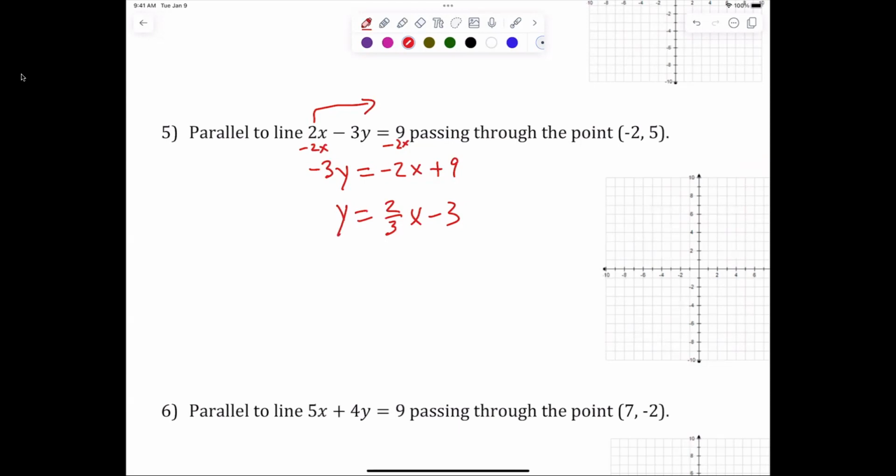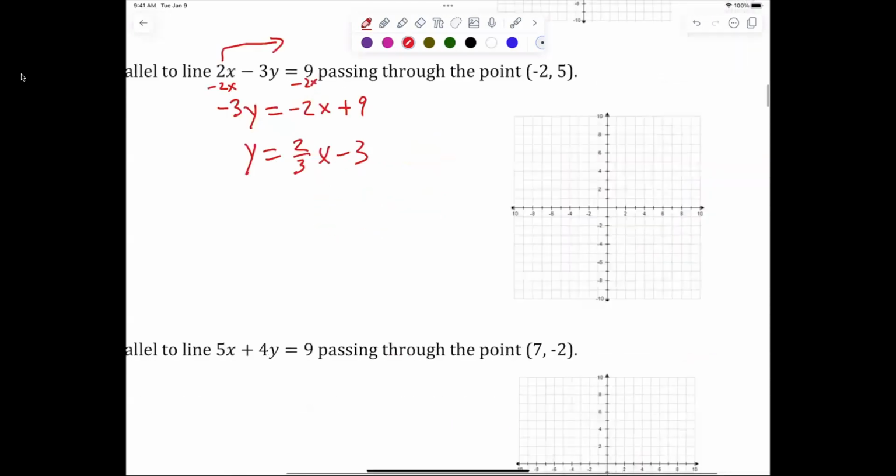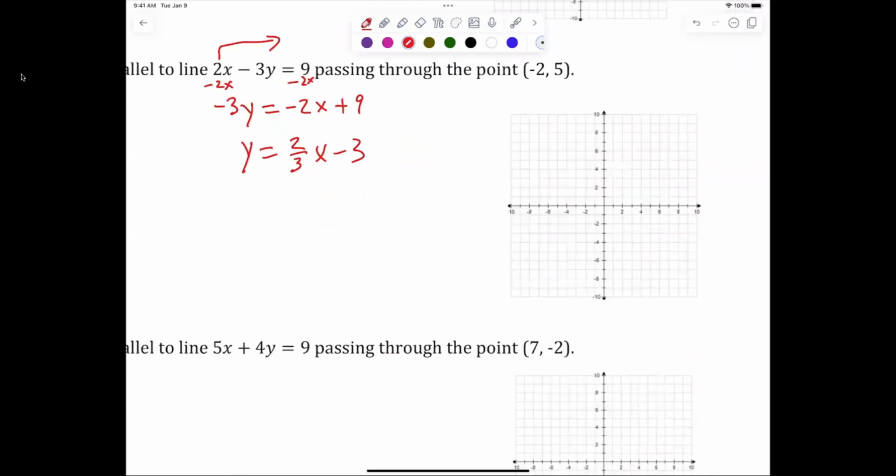All right. Now we're going to graph that. How do I graph that? I go down what? Down 3, plot a point. From there, I go what? Up 2 and to the right 3. Graph that line. Now, plot the other point. So to plot the other point, I go what?